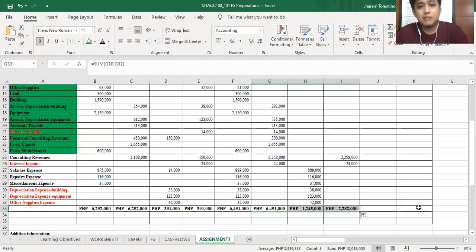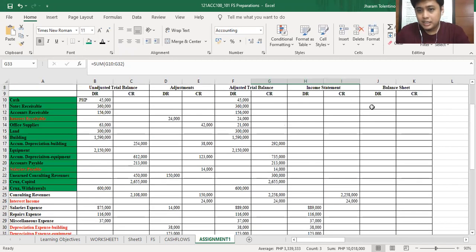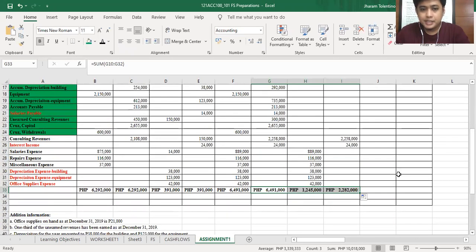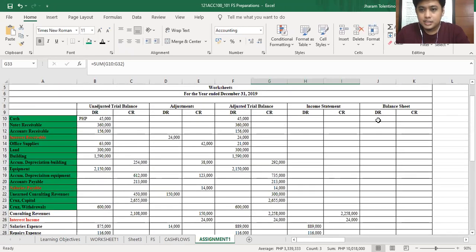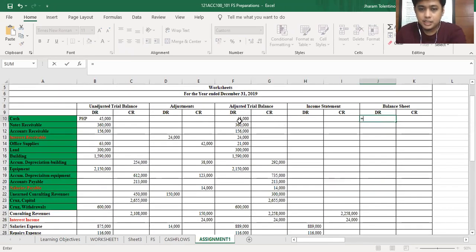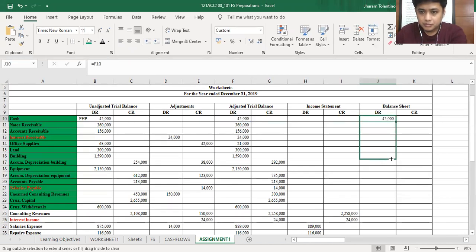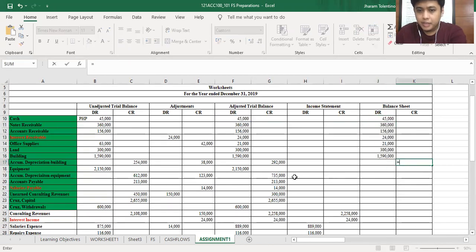Huwag mong asahan na magbabalance yan kasi we will have the balancing figure sa baba. Okay? So dito yung hindi balance kasi hanapin natin yung balancing figure there. And then the rest, just copy for the balance sheet, starting off with cash. Ayan. Be very, very careful nga lang.